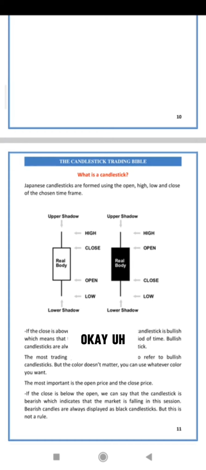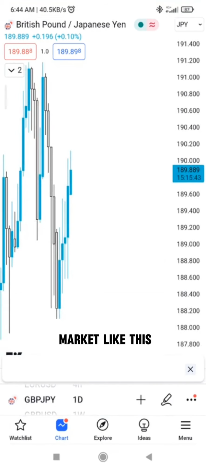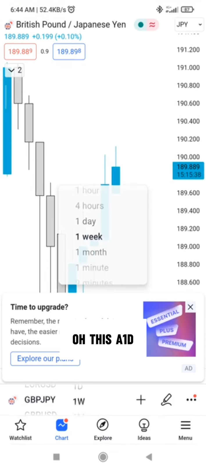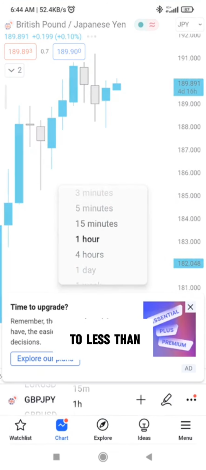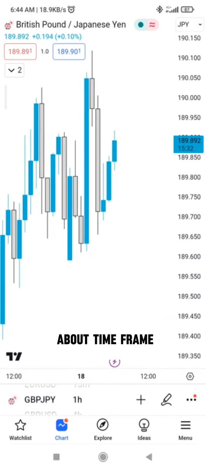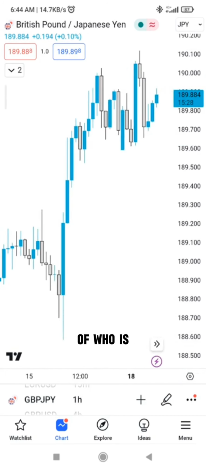Now when you look at a market like this presently, this is a 1-day chart, so I'm going to reduce it to, let's say, 1 hour. I'm going to talk about time frame a minute from now. Every time frame is telling you a story of who is in the market.